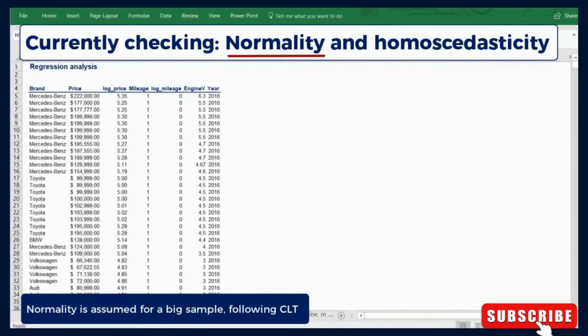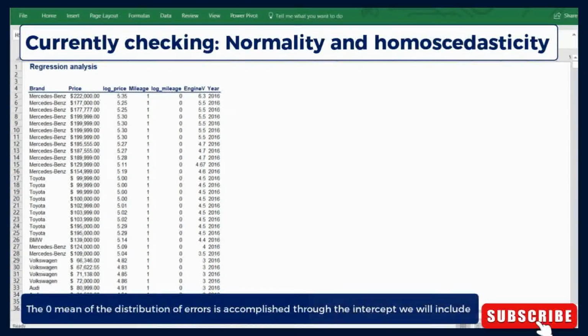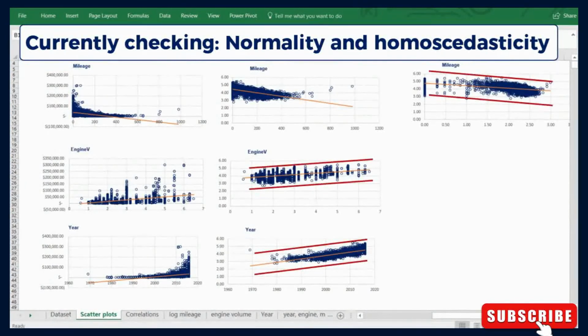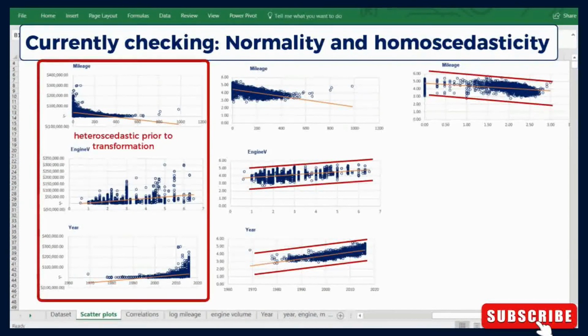Normality is assumed for a big sample, following the central limit theorem. The zero mean of the distribution of errors is accomplished through the inclusion of the intercept in the regression. Finally, the homoscedasticity assumption generally holds, as we can see in the graphs. The reason for that is that we already implemented a log transformation, which is the most common fix for heteroscedasticity.